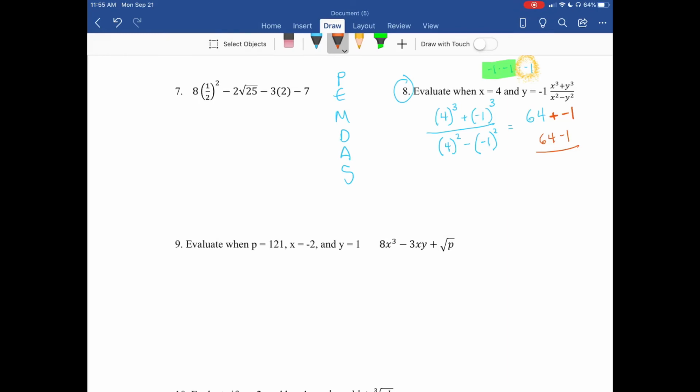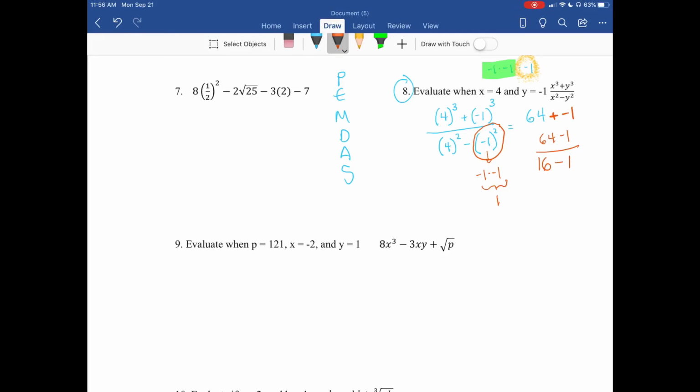4 squared is 16, so that's all in the denominator, minus, now -1 squared is -1 times -1, and a negative times a negative is a positive. But let's be mindful. So it's 16 minus, and then this becomes +1.